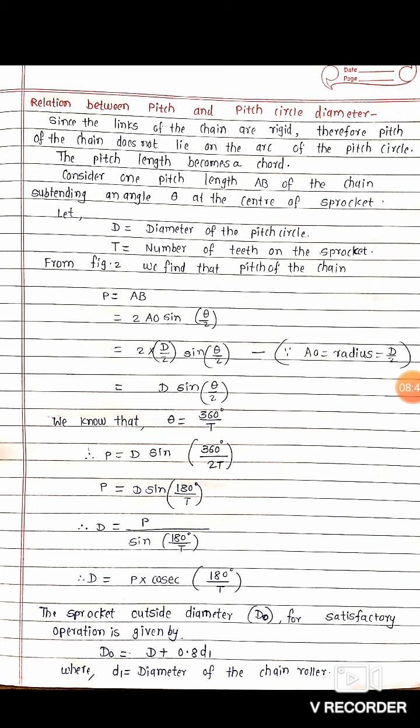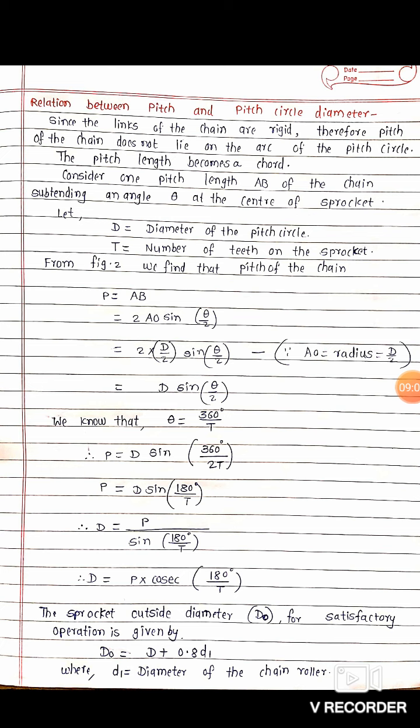Consider one pitch length AB of the chain subtending an angle theta at the center of the sprocket. Let capital D be the diameter of the pitch circle, and capital T the number of teeth on the sprocket. If we observe figure 2, we find that the pitch of the chain, P, is equal to AB.